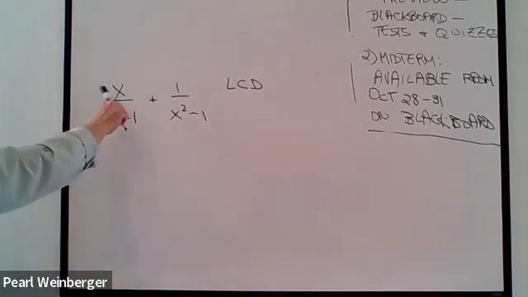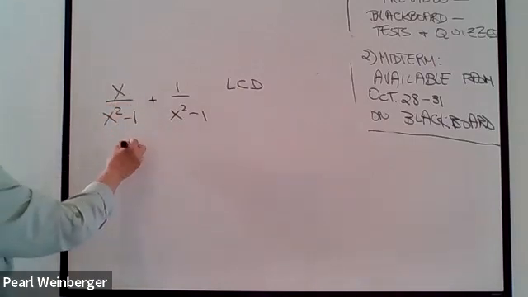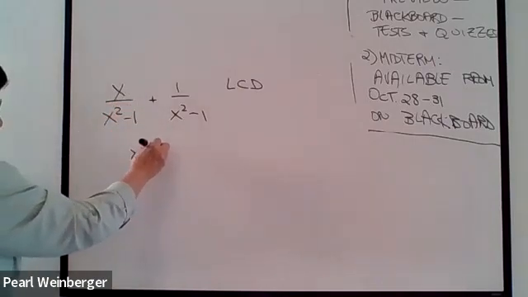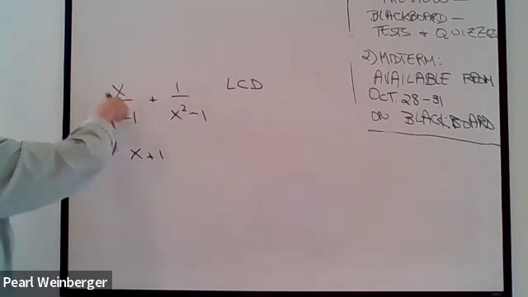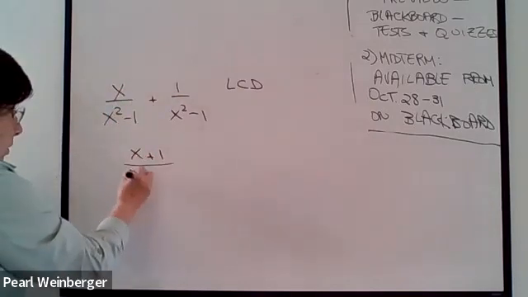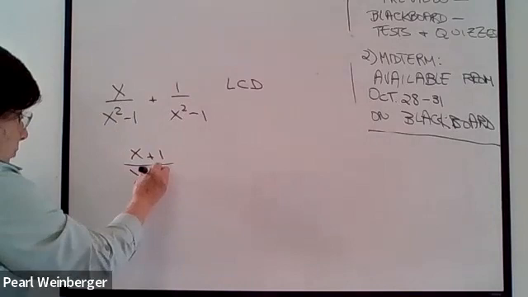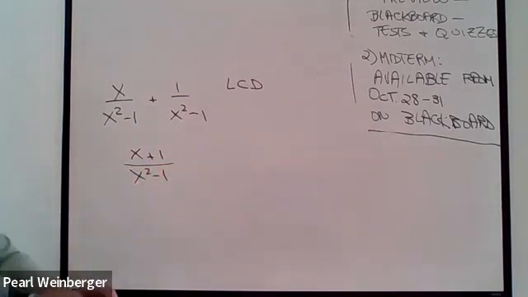So remember what I said to do. Just take the numerators, the x plus the 1, combine the numerators, and put it over the common denominator x squared minus 1. So once you have the same denominator in both, just work with the numerators and combine any like terms.